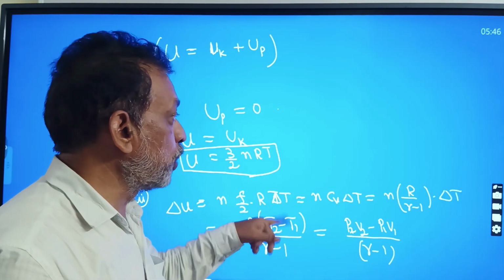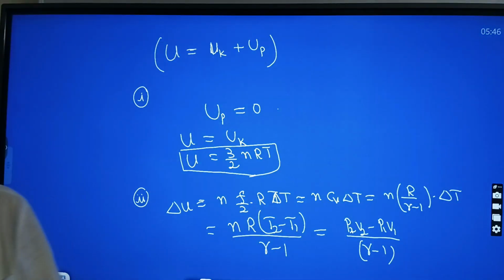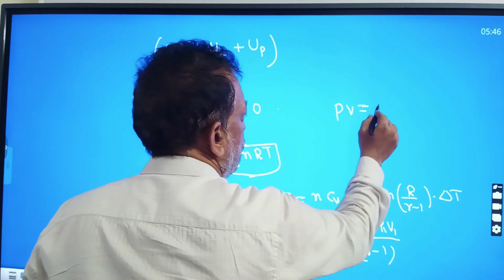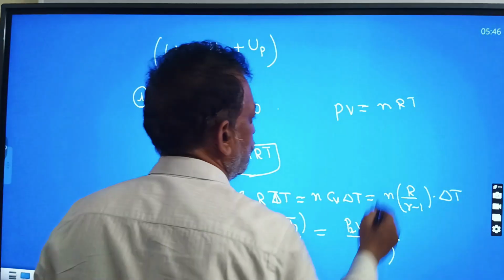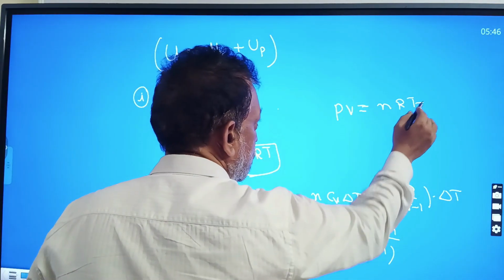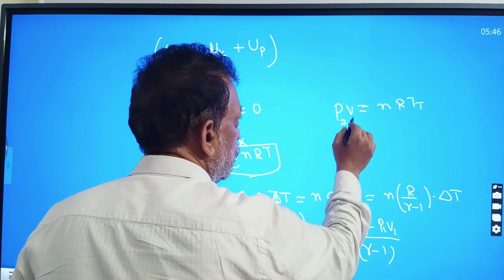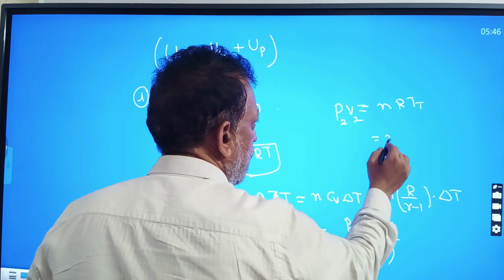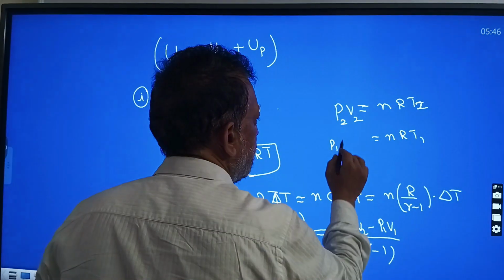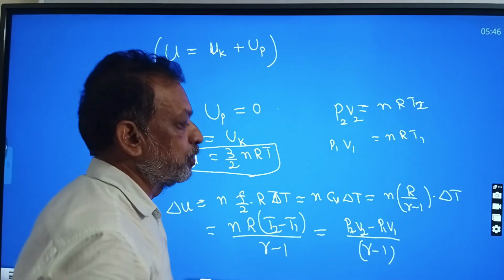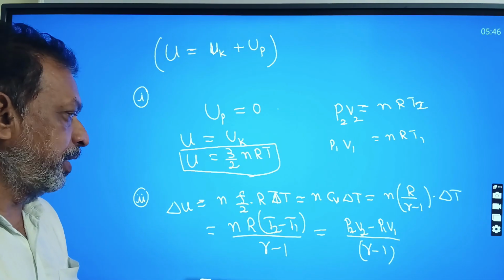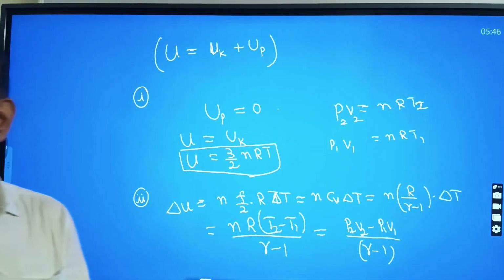Since PV is equal to nRT, R T2 means P2 V2 and R T1 means P1 V1. That's it. Here F is the degree of freedom.